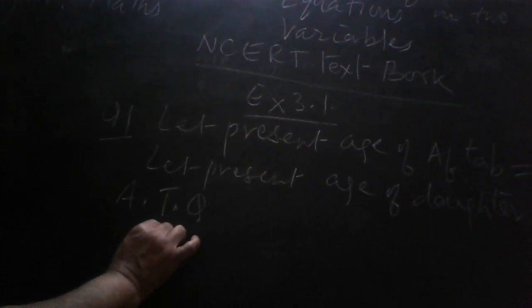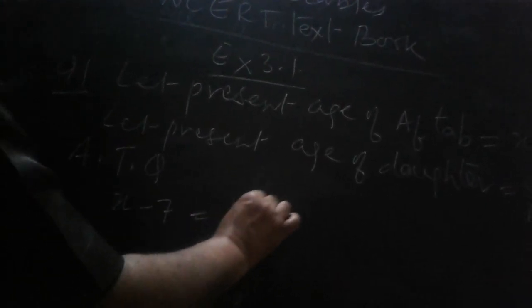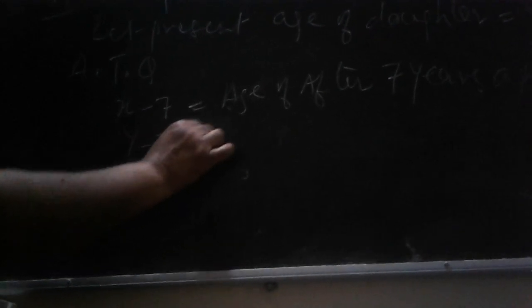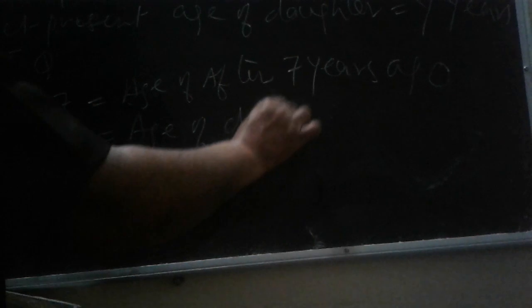At present father is x years, then 7 years ago it will be x minus 7, the age of Aftab 7 years ago. y minus 7 equals the age of daughter 7 years ago.